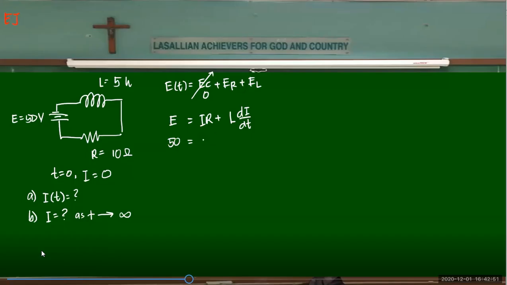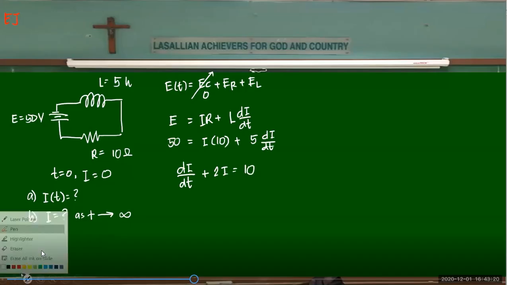So this one is I times 10 plus 5 di over dt. It looks ugly, so maybe we can simplify. di over dt plus 2I is equal to 10. How does it look like? What's the form? Linear, sir.